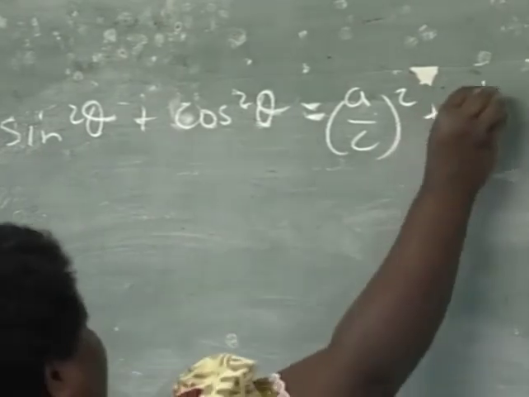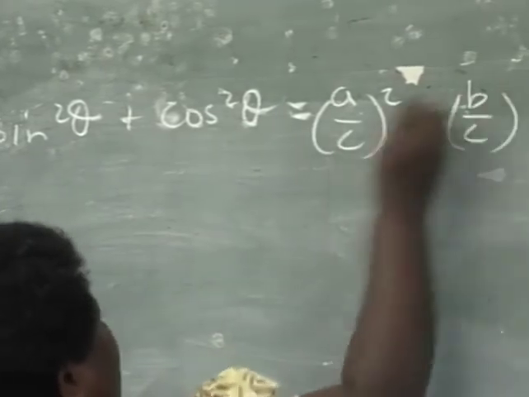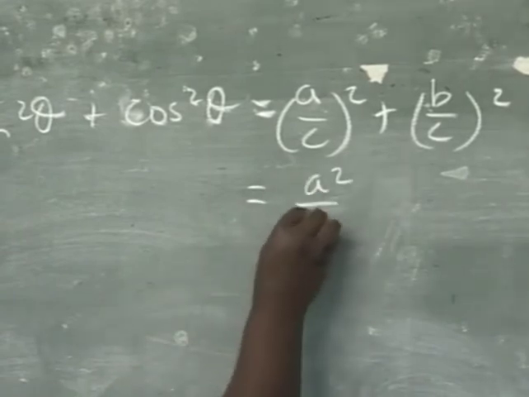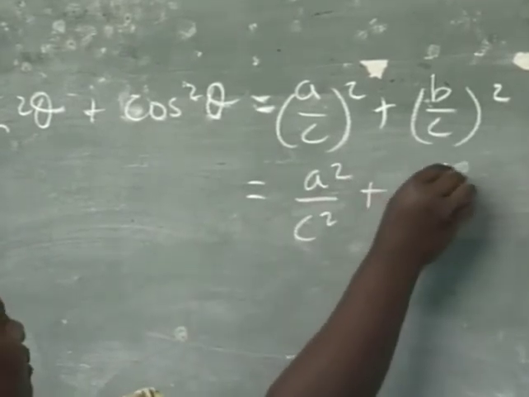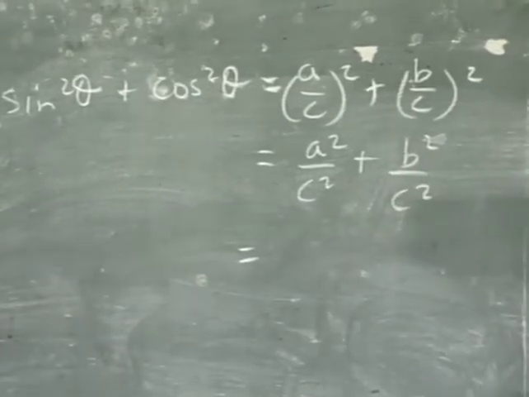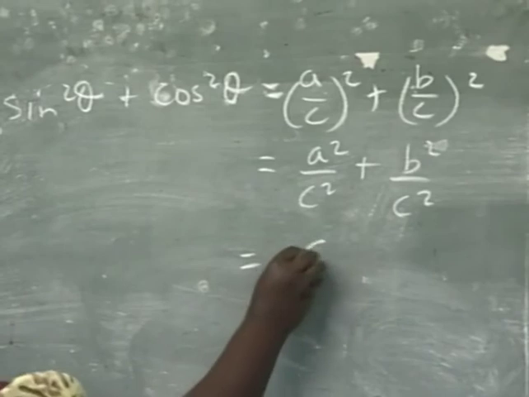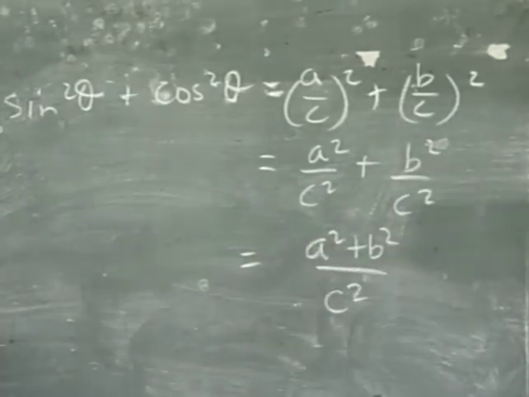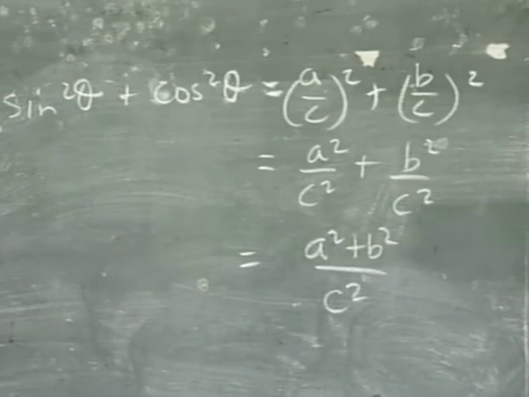I have to square b over c as well. I get a squared on c squared plus b squared on c squared. Since they've got the same denominator, which is c squared, I can then say that it's a squared plus b squared over c squared. Is that equal to 1? Why?